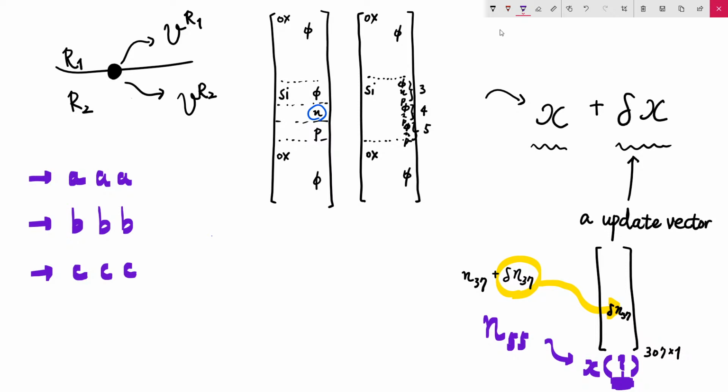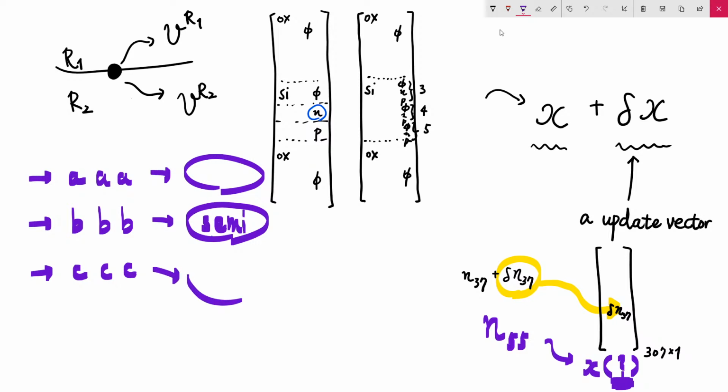Then please assign this AAA variable over all your simulation domain. You know that this AAA is an analogy of your electrostatic potential. And for this BBB, please define it only on semiconductor regions. And for CCC, please define it only on your insulator regions.